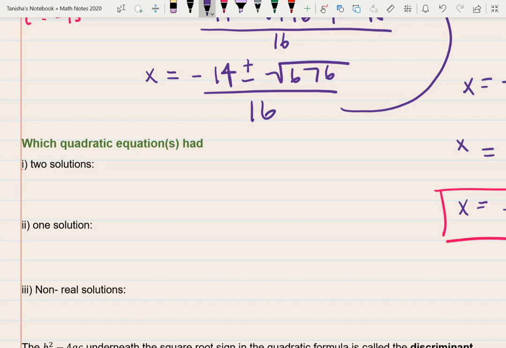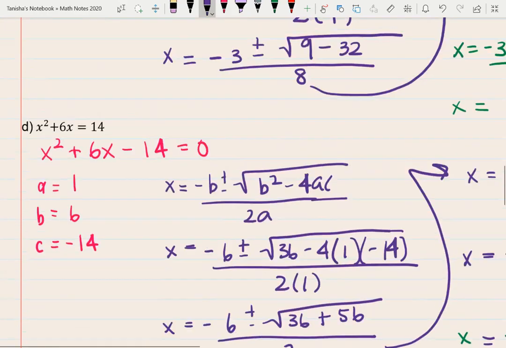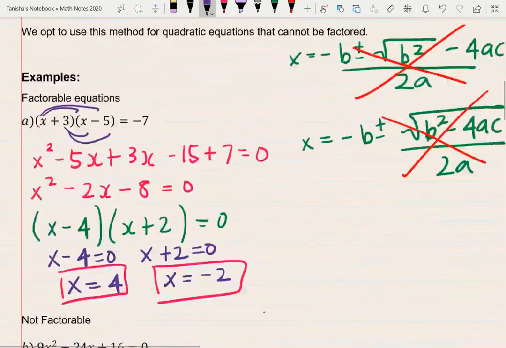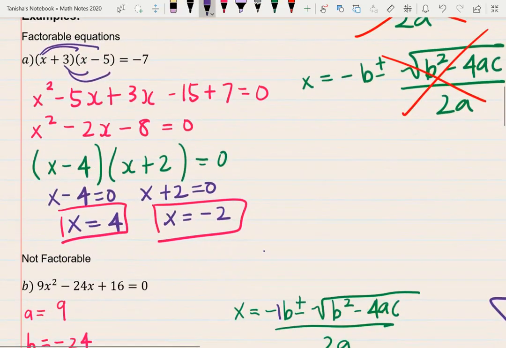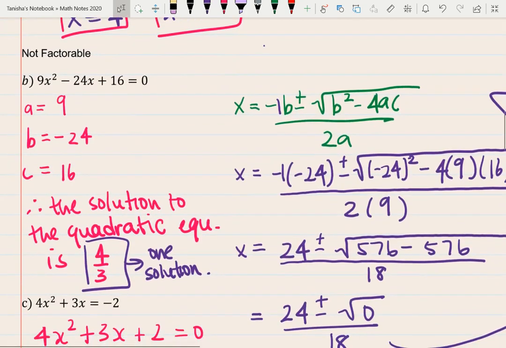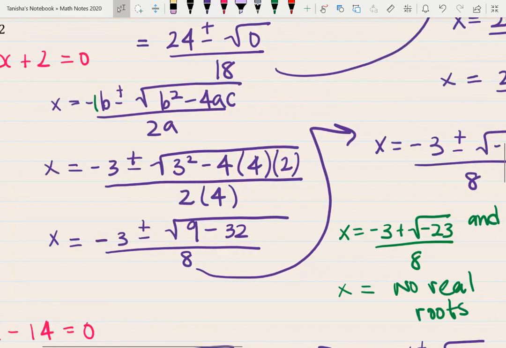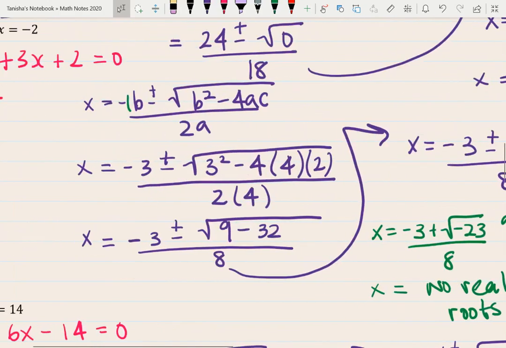Going back to our first example, the factorable one, how many solutions did that have? Well, that had two solutions. So A has two solutions. B had one solution. C had no solutions.